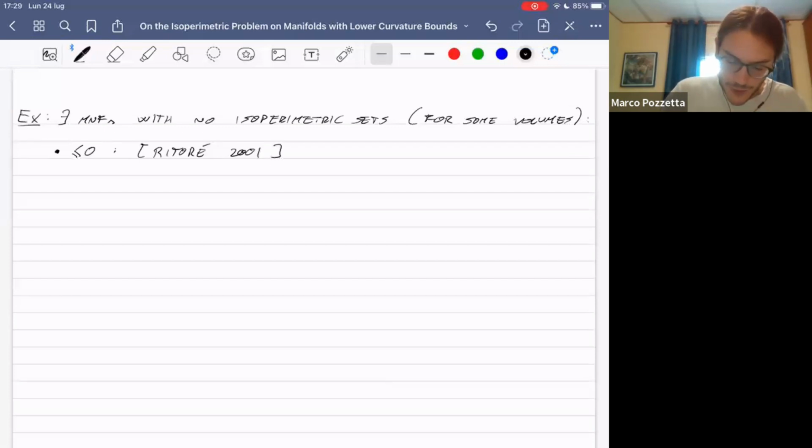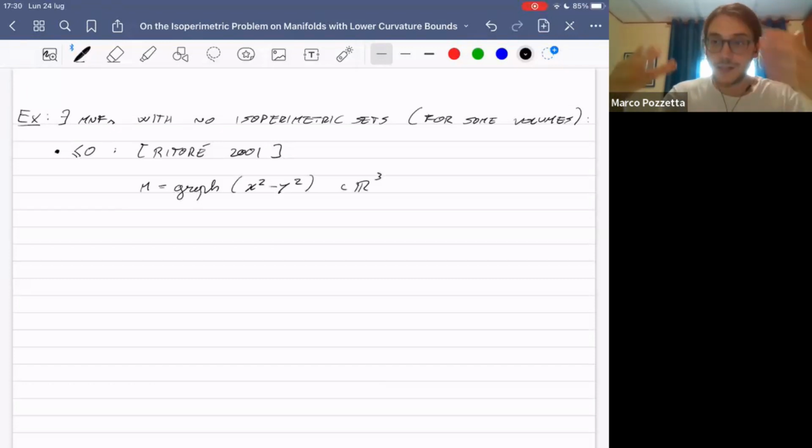But just to give you a very, very explicit example in this situation, you can take, as a manifold, the graph of the function x squared minus y squared in R3. You think of it as a submanifold of R3, but then you set the isoperimetric problem on M with the induced Riemannian metric.